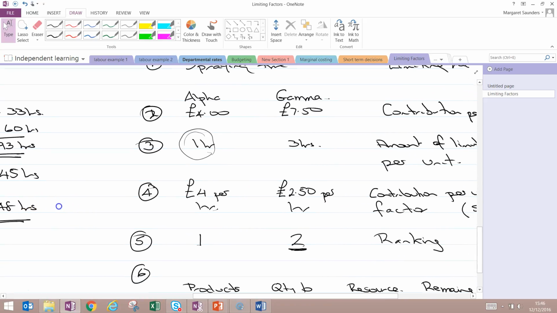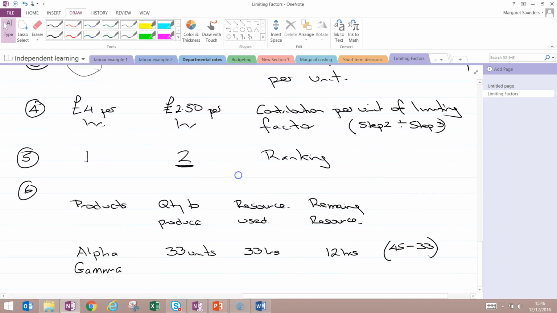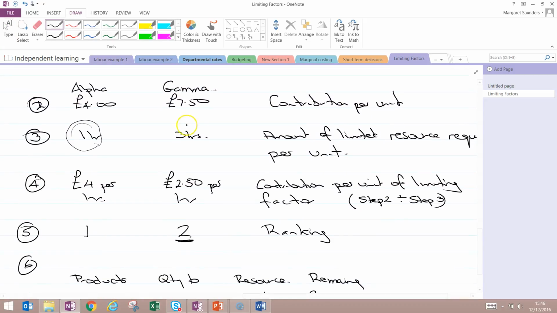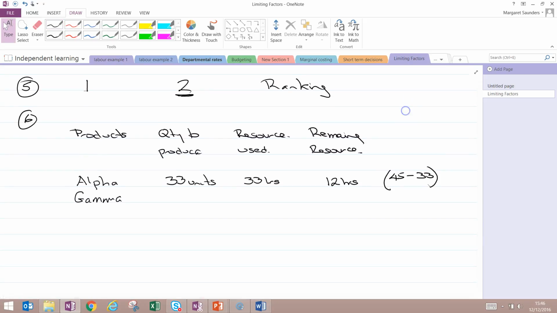So we have 12 hours of spraying time available. If we look at what we know about the gamma, each gamma takes 3 spraying hours. So we can use that information. 12 hours available. Each gamma takes 3 hours. Therefore, that means we can produce 4 gammas.